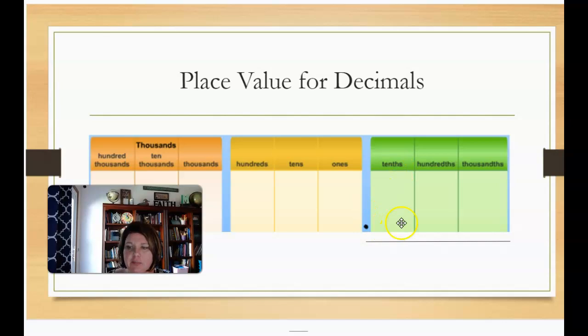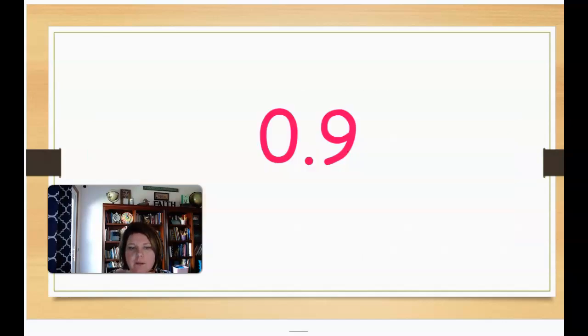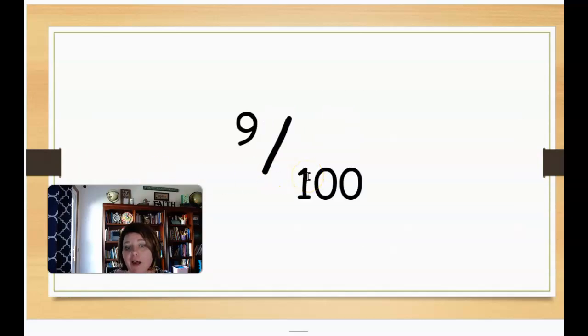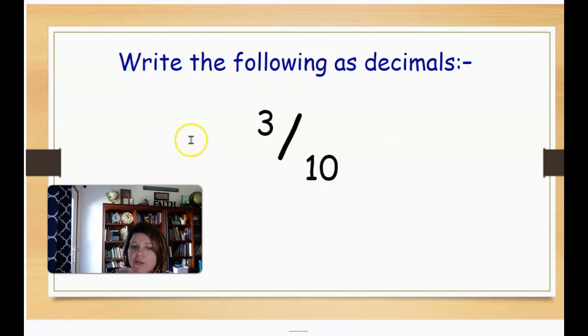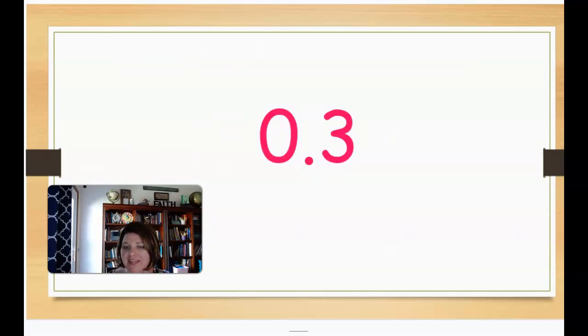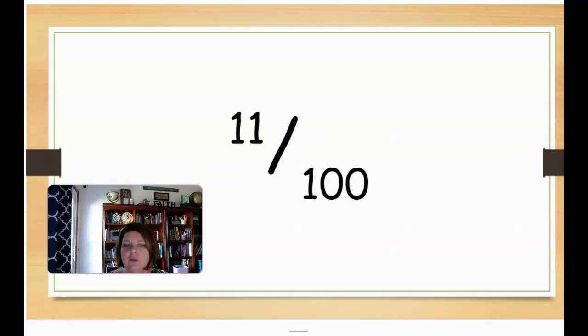In the tenths place, right next to the decimal. 9/100ths as a fraction. 9/100ths as a decimal. 3/10 as a fraction. 3 tenths as a decimal. Let's move to hundredths.